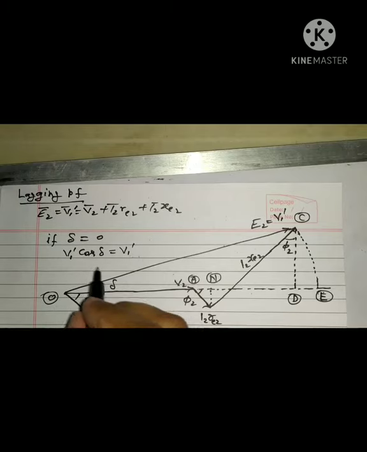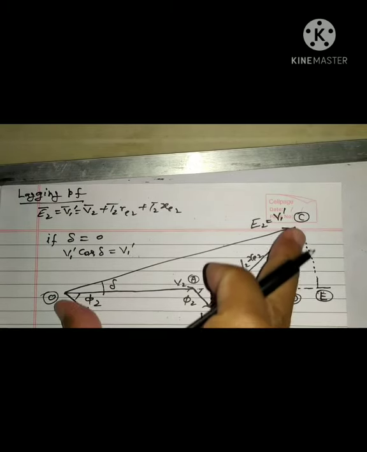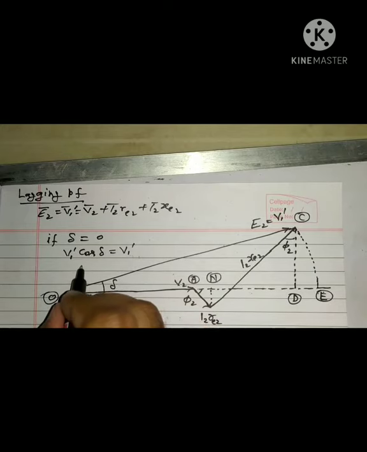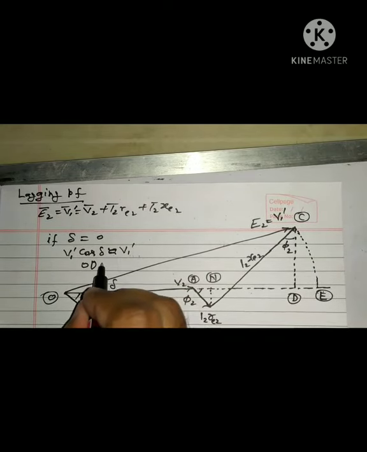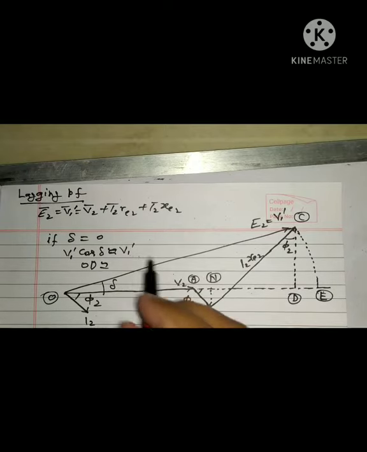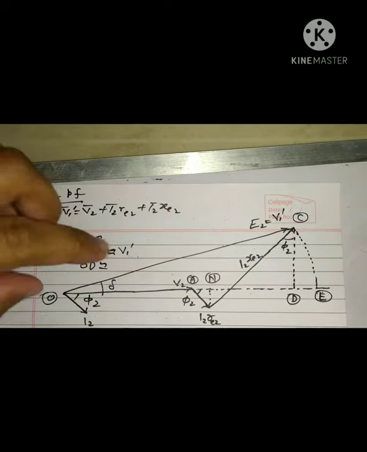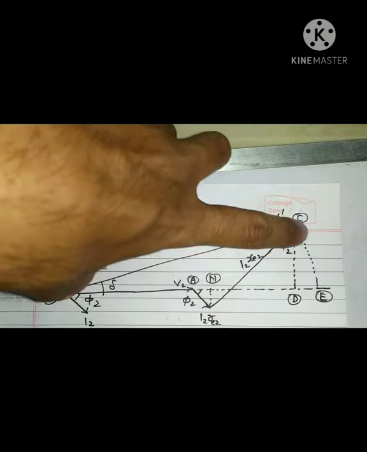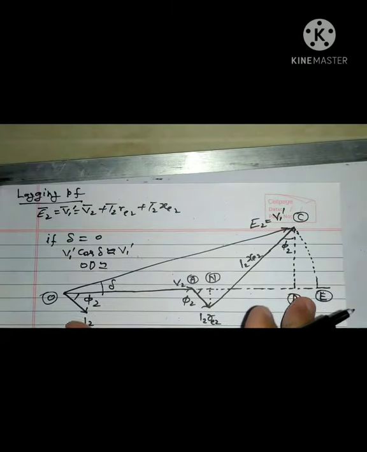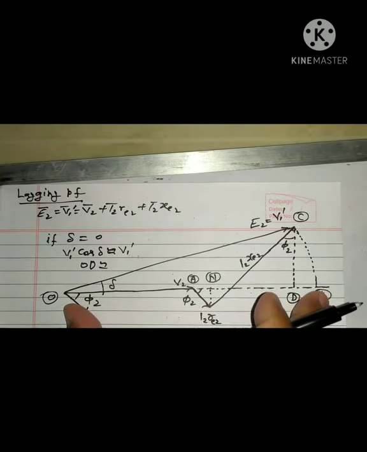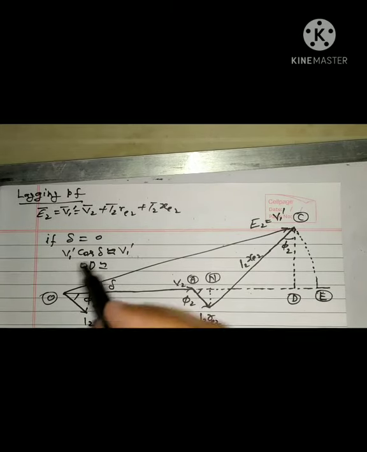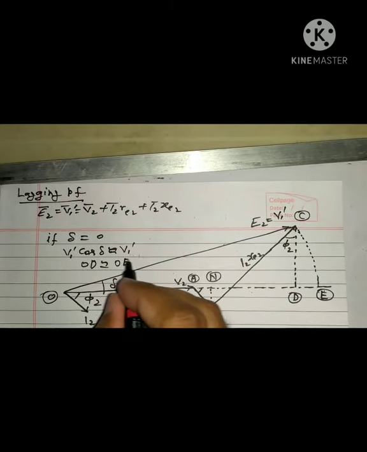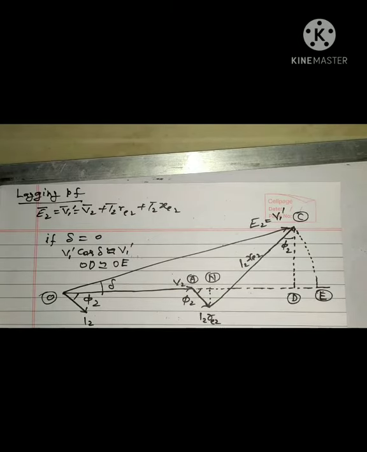V1 dash cos delta is nothing but OD. This is approximate, equal to V1 dash. If I take here its projection, the exact value of V1 dash is OE. You can see the arc from here, so I will write here OE, right?